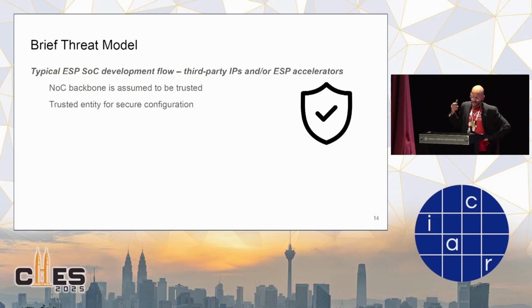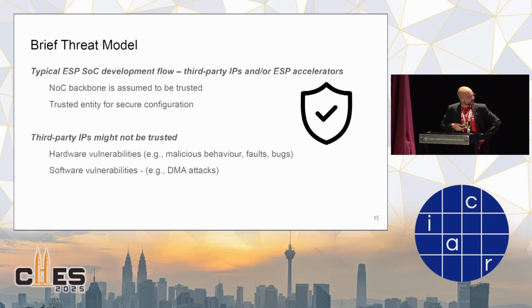After this introduction, I can introduce a very brief and high-level threat model that we considered. In our case, we follow a typical ESP development flow. We want to integrate third-party IPs that can go through different flows. We assume the network on chip to be trusted from ESP, and we assume that we have a trusted entity for configuration inside of the system.